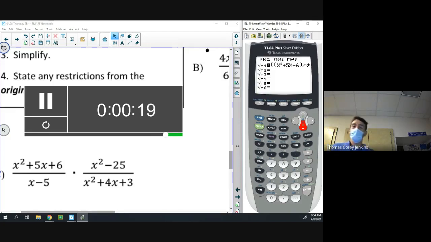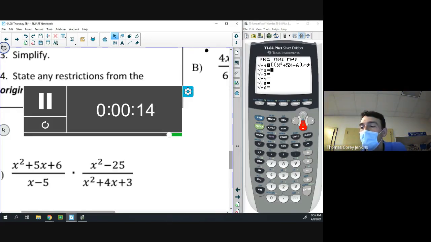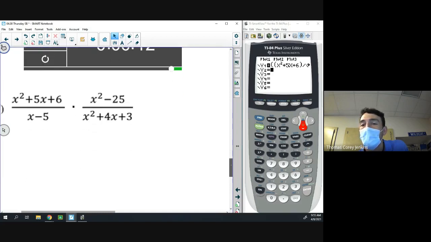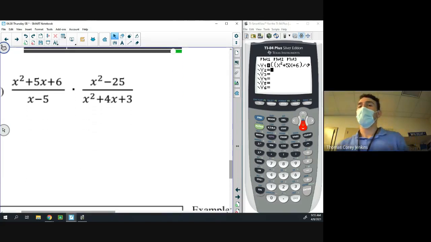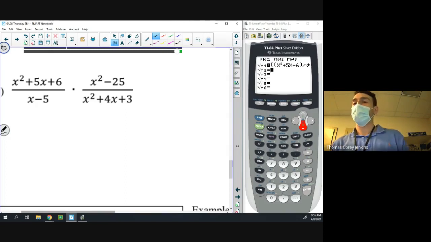All right, we're getting a little bit up against it on time, so instead of calling on people, because there'd be a lot to call on for there, I'm going to go ahead and just start to work through this. So you can keep working or check your factoring if you're that far.